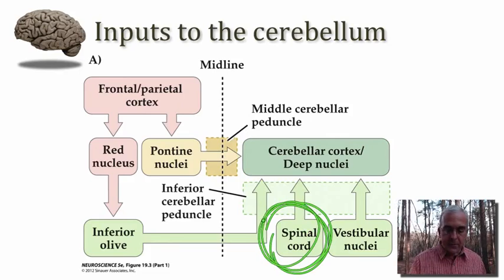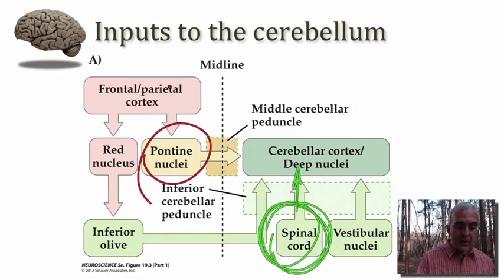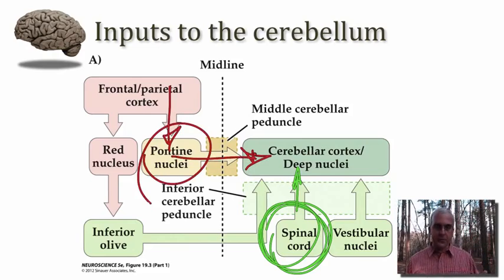So this input from the spinal cord is going to be directed again mainly at that median zone of the cerebellum that we call the spinal cerebellum. The cerebrocerebellum, on the other hand, is going to get information that is principally relayed via these pontine nuclei. So this massive connection from cortex to pontine nuclei to cerebellum is mainly going into the lateral hemispheres, into that region that we call the cerebrocerebellum.